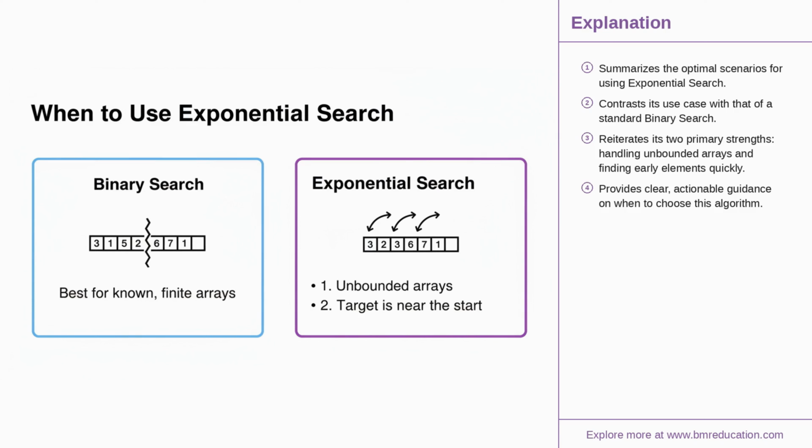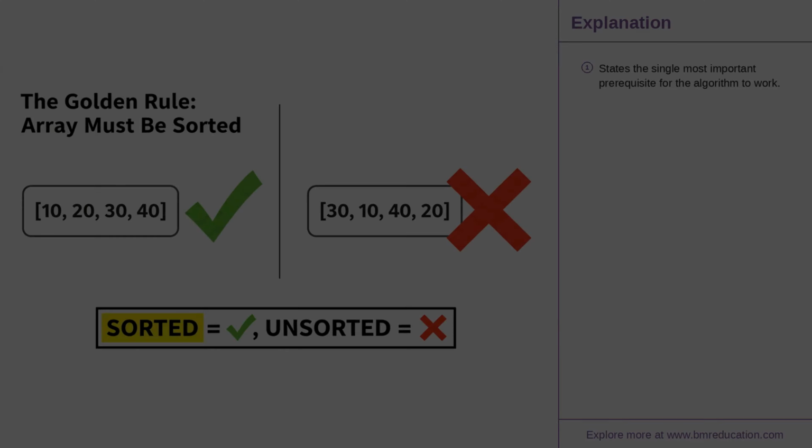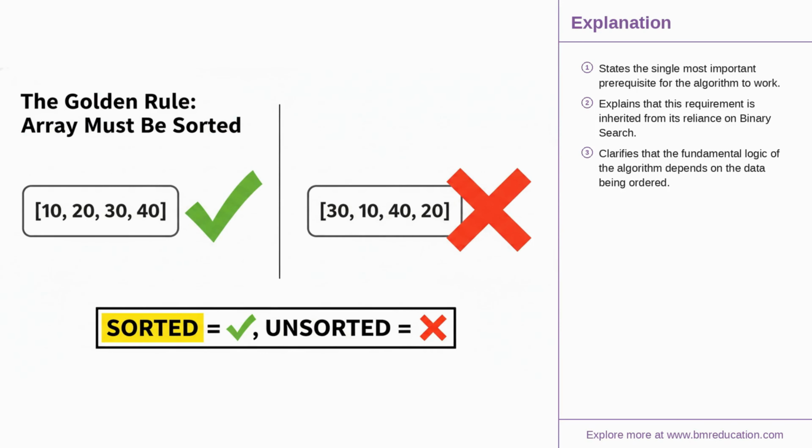And, as we saw, it's one of the best methods for unbounded arrays where the total size is unknown. However, there is one critical requirement that cannot be ignored. Like its second phase, binary search, the entire exponential search algorithm absolutely requires the array to be sorted. The logic of overshooting the target and then searching a range completely falls apart without this ordered structure.